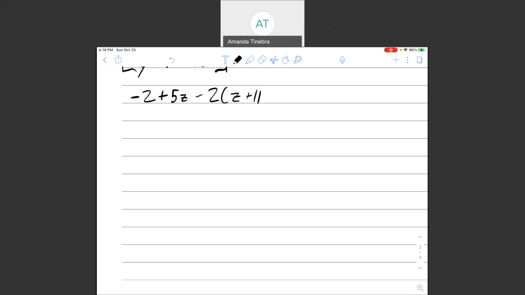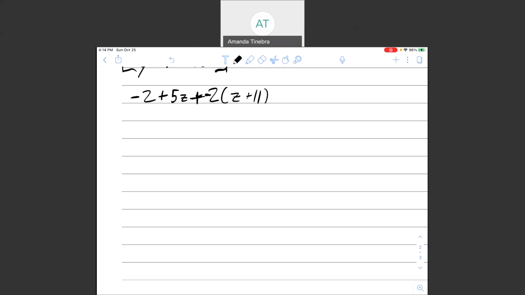Now, I always want to start by turning my subtractions into adding the opposite. This is especially important when there is a distributive property involved. So instead of subtracting here, I'm going to turn this to adding negative 2. That's my only subtraction. So now the next thing I need to do, when I see that I have those parentheses, I need to worry about this first.